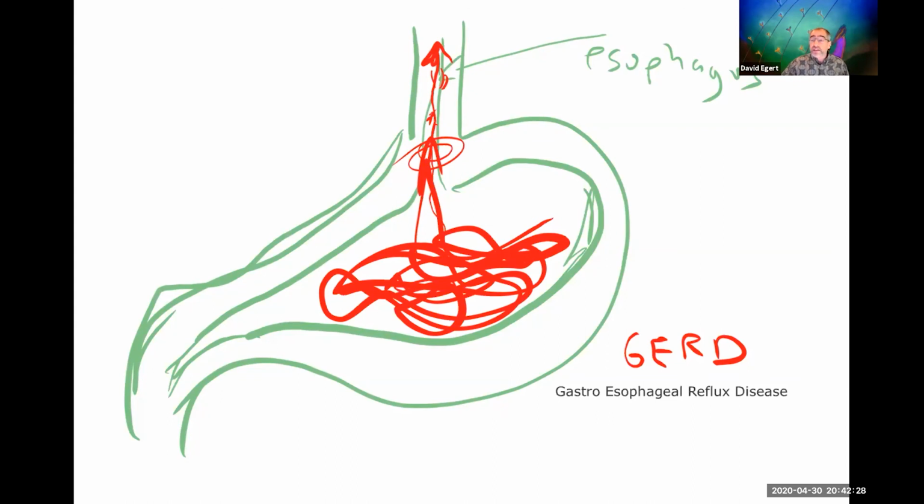Worst case, if you actually start not just irritating, but burning a hole in the wall of the digestive tract, then we have what's called an ulcer. And you can have different kinds of ulcers. You can have esophageal ulcers where you start actually damaging the wall up here. You can have peptic ulcers where you're eating away at the wall of your stomach.